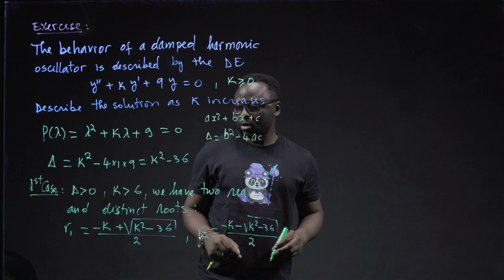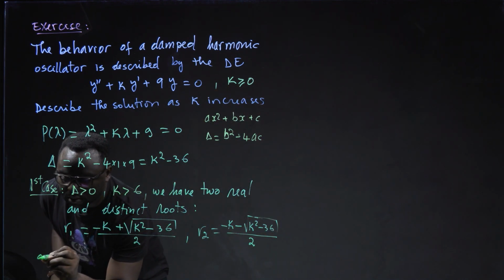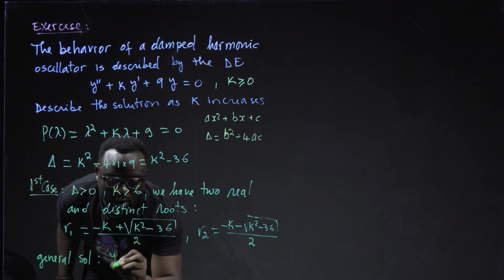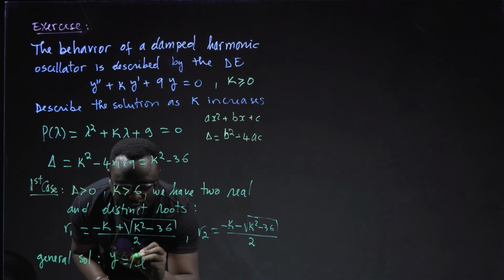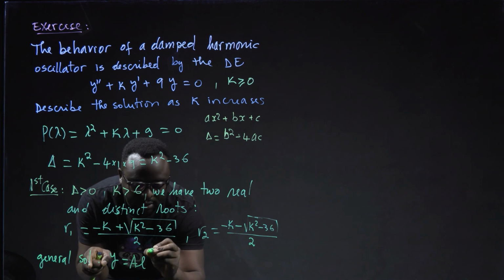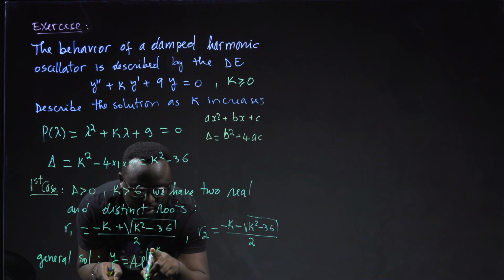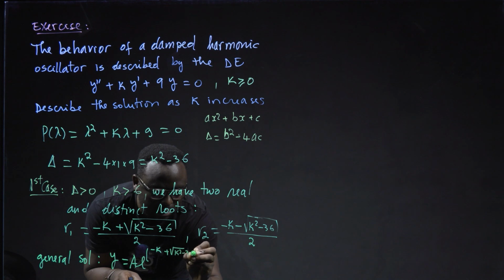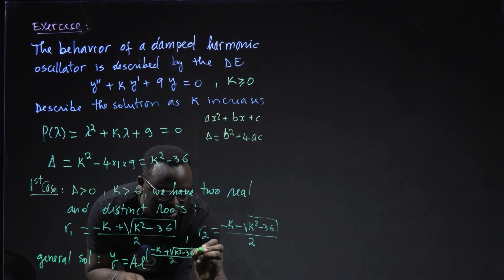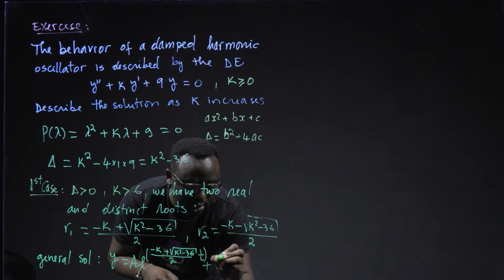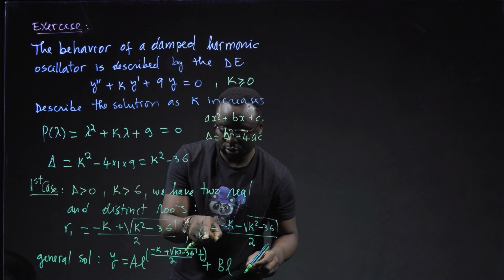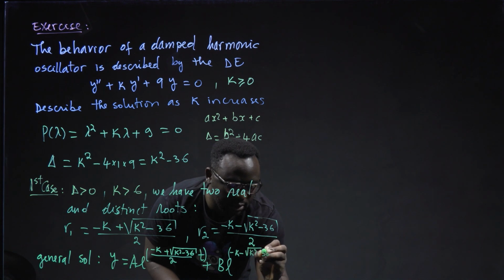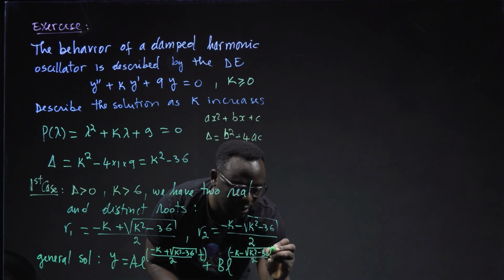With these two, the general solution under this first case is y equals a times e to the power r1 t, where r1 is minus k plus square root of k squared minus 36 over 2, times t, plus b times e to the power r2 t, where r2 is minus k minus square root of k squared minus 36 over 2, times t.